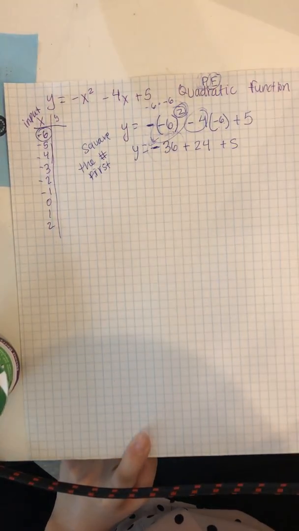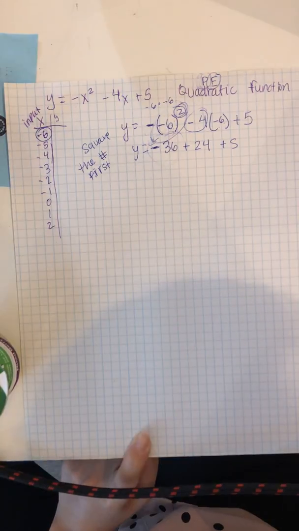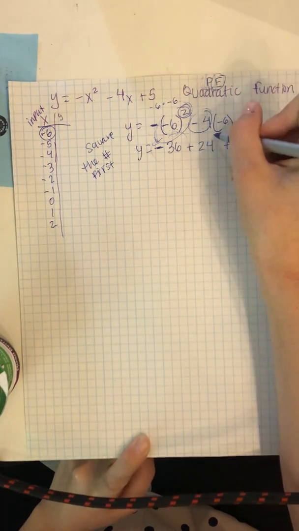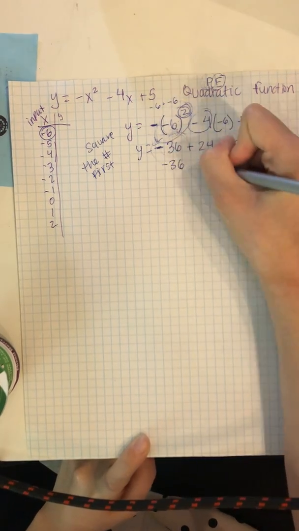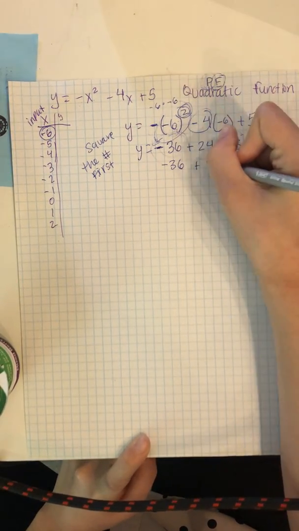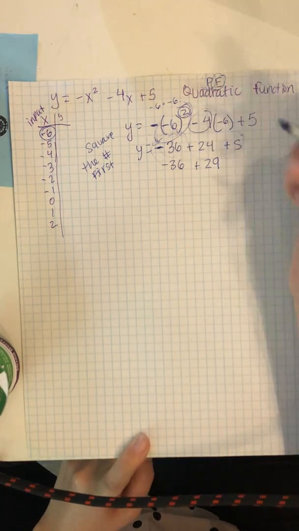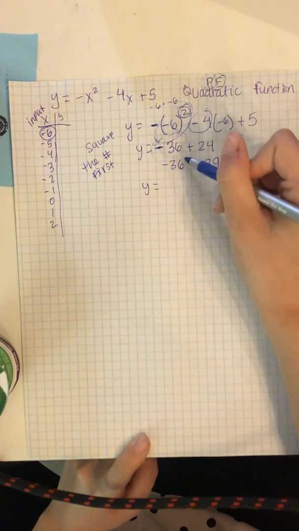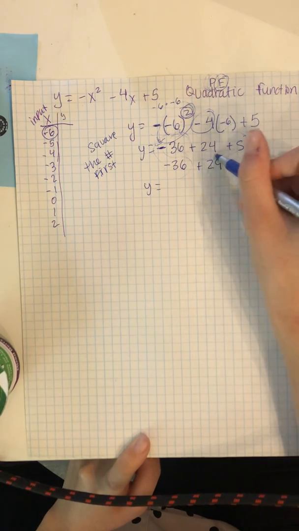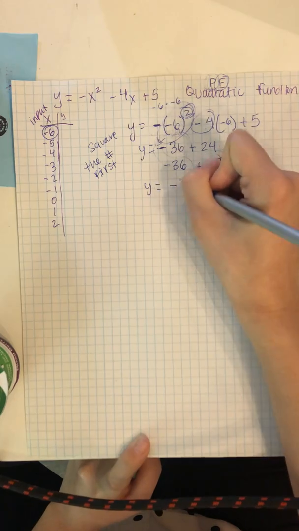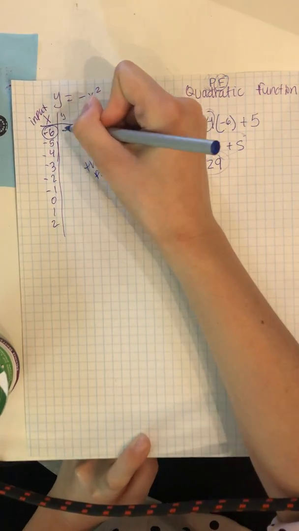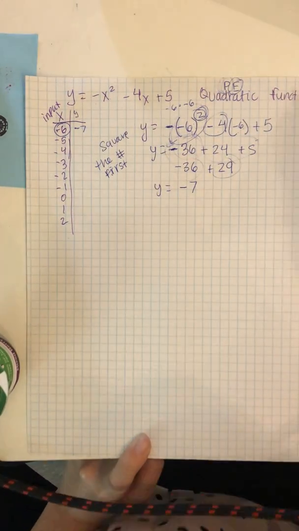Alright, so if we simplify this, I have -36, and if I add these two, that's 29. So if you owe someone $36, but then you paid them off $29, you would still owe them $7. So the corresponding y value is -7.